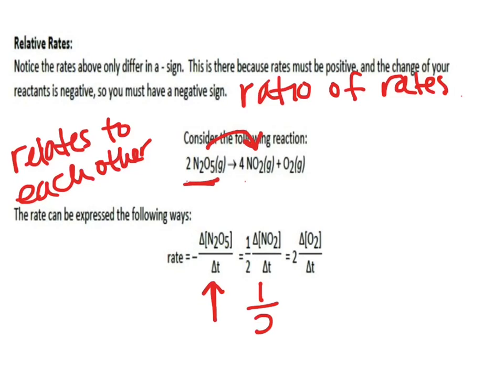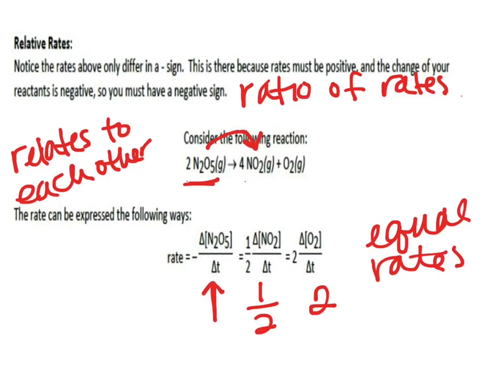This one would have to be half as much, and this one would have to be twice as much for it to be the same rate as N2O5. So we are making these equal rates. Now those numbers might change if we were to do it with respect to NO2, but you have to look at who you're looking in respect to.